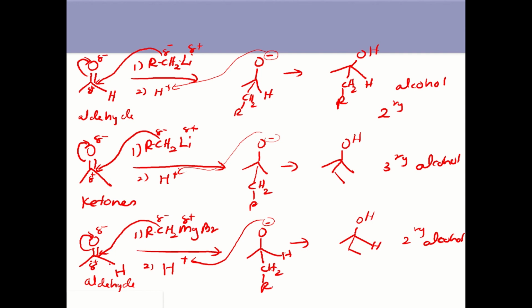In these reactions you can see the whole purpose of having this metal attached to a carbon is to generate this partial negative charge on a carbon, so that carbon can go and attack another carbon which has a positive charge. So at the end we were able to make a carbon-carbon bond. A new carbon-carbon bond is being made.